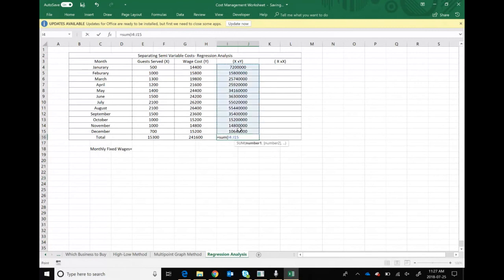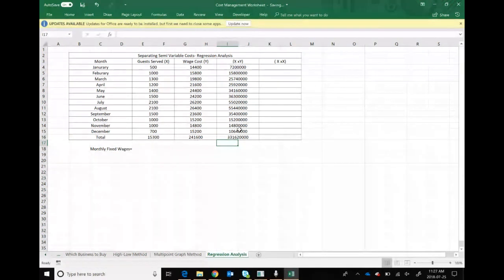And then add them all up at the very bottom under the total. And then in the next column over, we're going to calculate x squared, which is x multiplied by x. So it would be the x squared for each period.